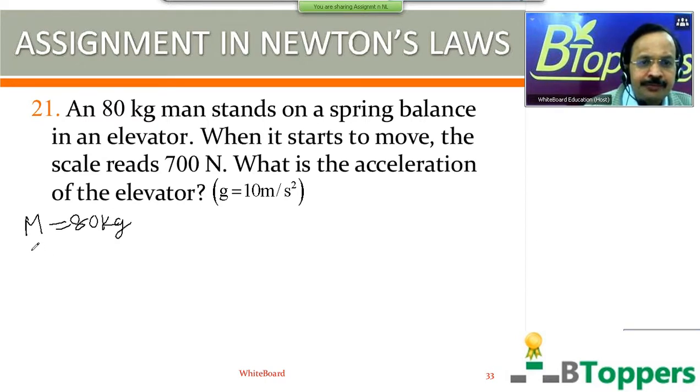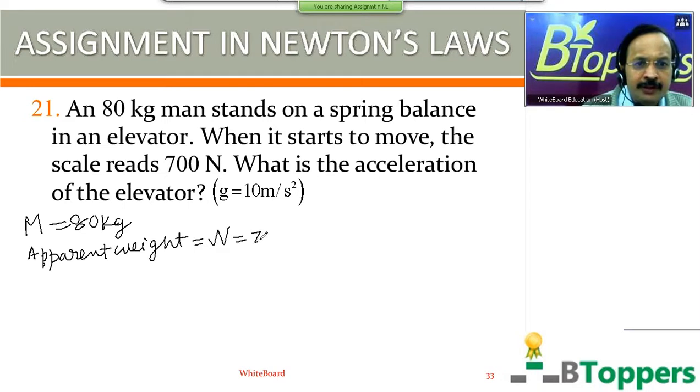The apparent weight of the body placed inside the elevator is the same as the magnitude of the normal reaction force. So that is equal to 700 newtons.